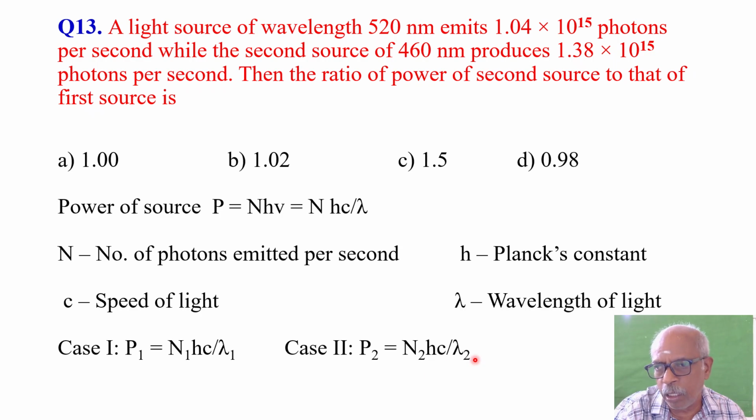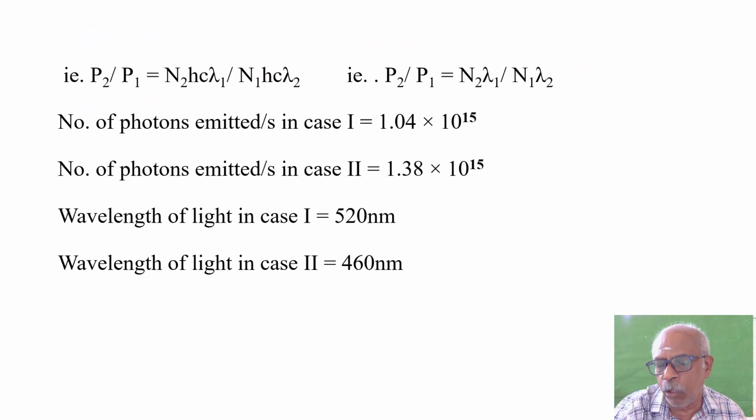The ratio P2 by P1 you are asked to find out. So P2 by P1 is equal to N2 hc by lambda 2 for P2, then for P1, in the denominator, N1 hc by lambda 1.